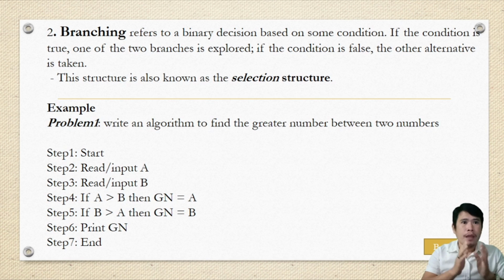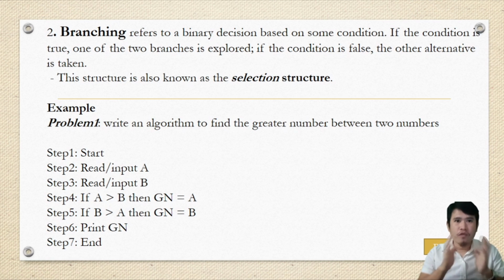Okay? Let's say for example, write an algorithm to find the greater number between two numbers. So as what the problem stated, we have to compare the two numbers, kinsa ang mas dako nila.